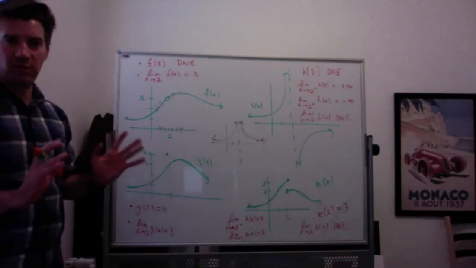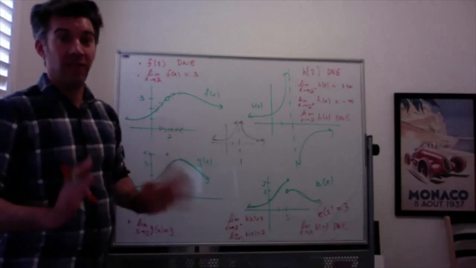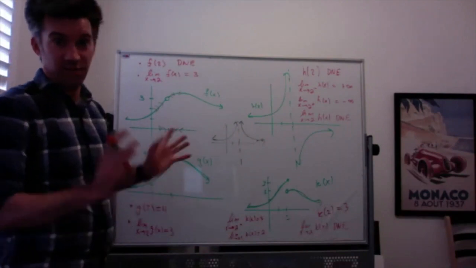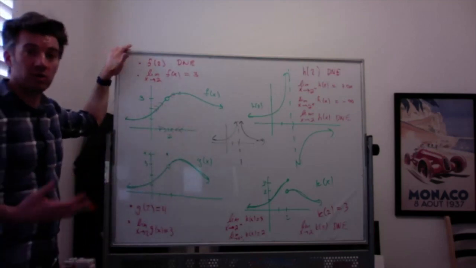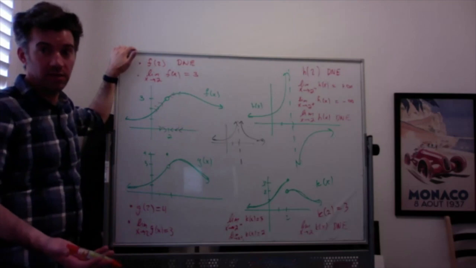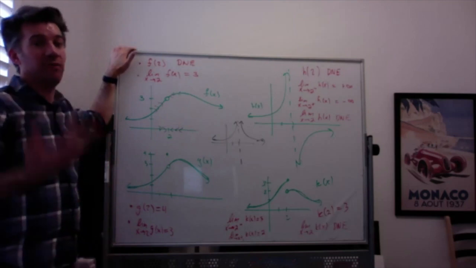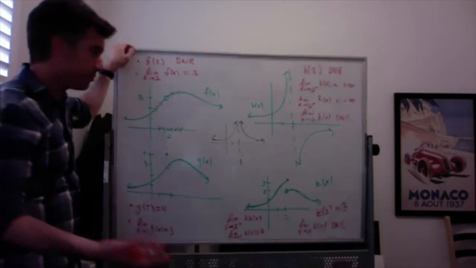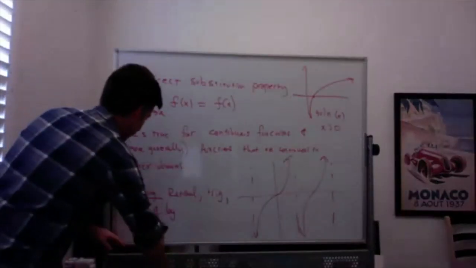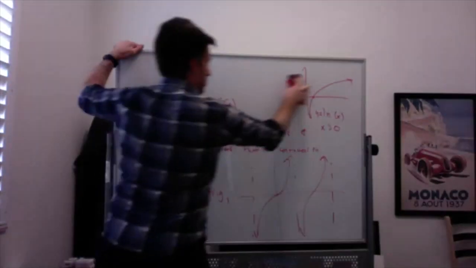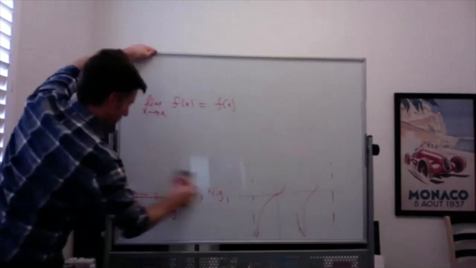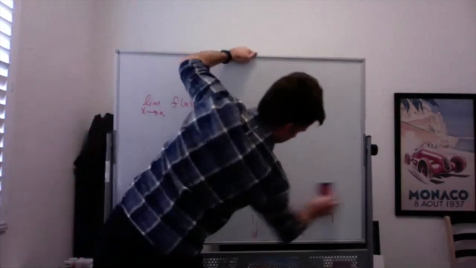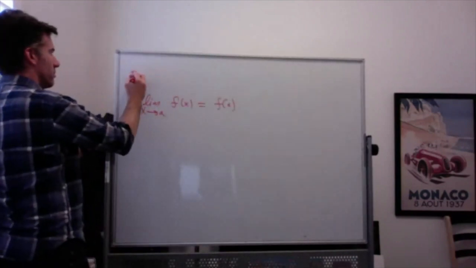Right, if they both do not exist, we say they're not the same because we have no idea what they are. So this actually brings us to the point, which is that for a function to be continuous at a point, the limit and the function value have to equal each other. So that's actually how we define continuity.